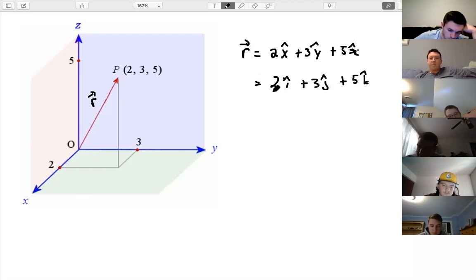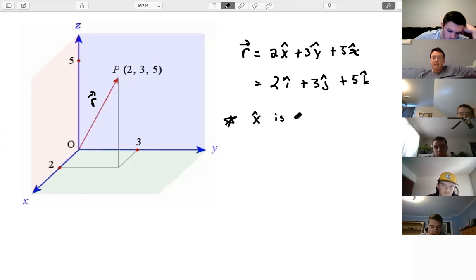What does that mean, Michael? You spoke up, so now you got an answer. What is x hat? What does that mean? How far away it is from the origin in the x direction? Okay, so hold on here. Two tells me how far, though. The x hat tells me the x direction, right? So note, x hat is a unit vector.